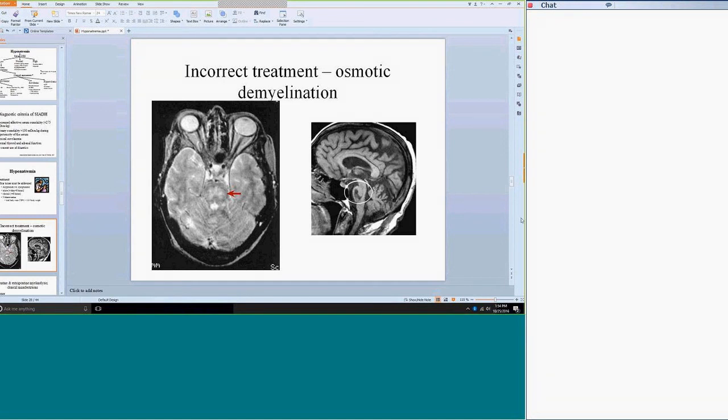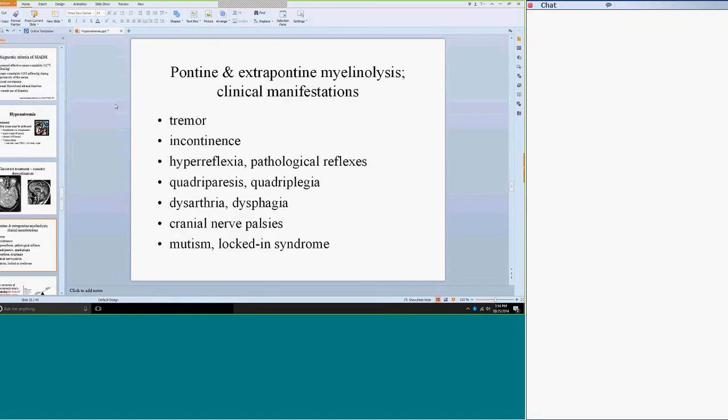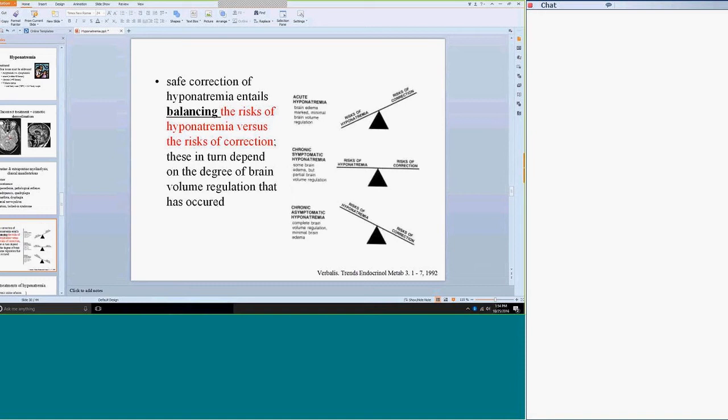You can see from these MRI scans that this could have a devastating effect on our patient. Usually the symptoms could be a simple tremor, urinary incontinence, or dysarthria, to much more severe quadriparesis, quadriplegia, mutism, locked-in syndrome, and cranial nerve palsy. So it could have quite devastating effects. Correction entails balancing the risk of hyponatremia versus the risk of correction.